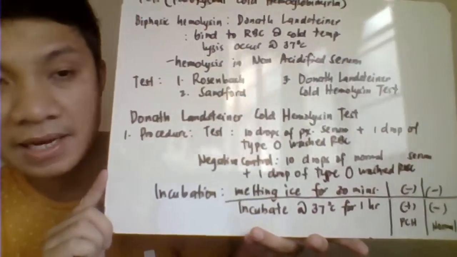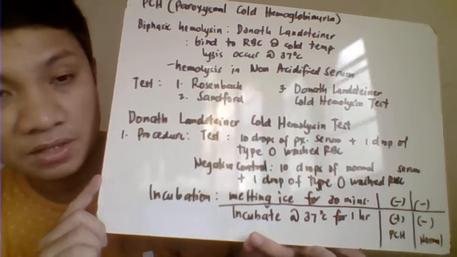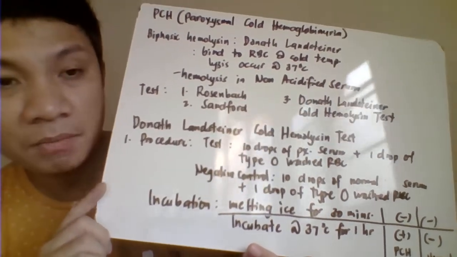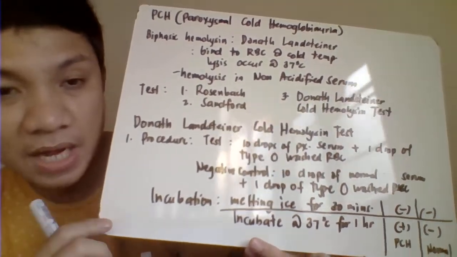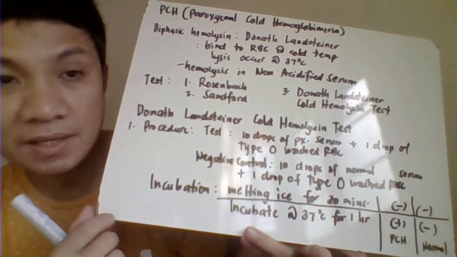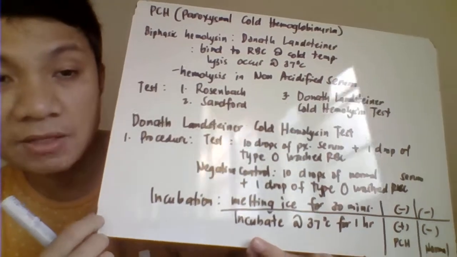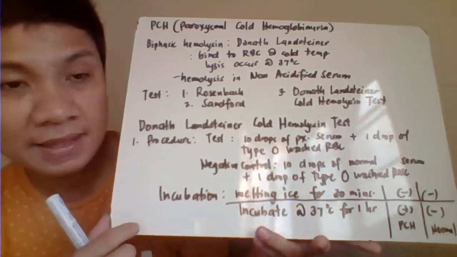Okay, the next one, immune hemolytic anemia, we have here PCH, paroxysmal cold hemoglobinuria. Paroxysmal cold hemoglobinuria is identified by the presence of the biphasic hemolysin, which you call the Donath-Landsteiner antibody. This is biphasic because this is a hemolysin which tends to bind the red blood cells at a cold temperature.